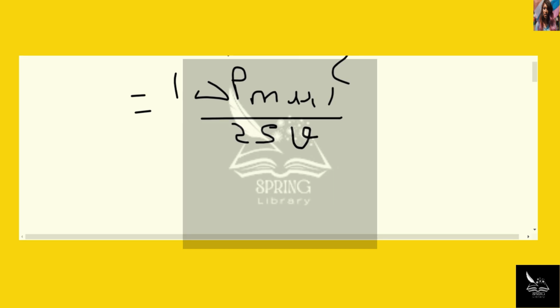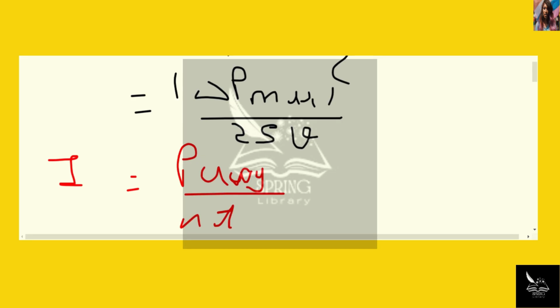As we know, for the spherical wave, the intensity is given by I is equal to average power divided by 4πr squared.